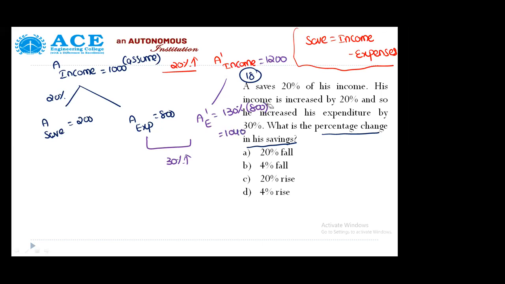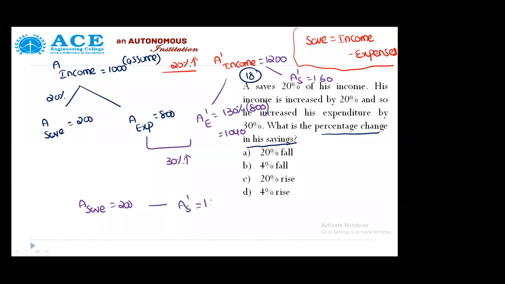Guys, expenditure is now 1040. Okay. Now, what are A's savings? A's initial savings is 200. Now, the new savings, I think you can understand: among 1200, 1040 is gone. The new savings is nothing but 160.